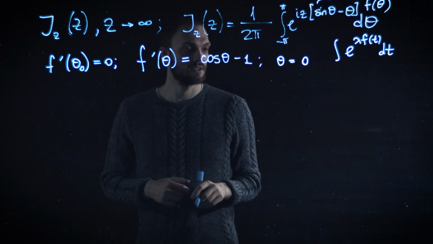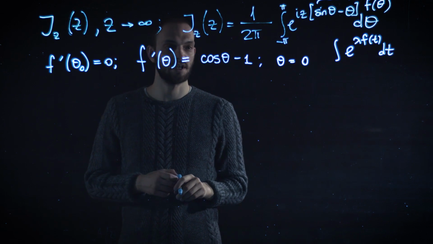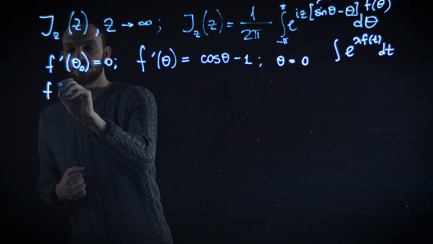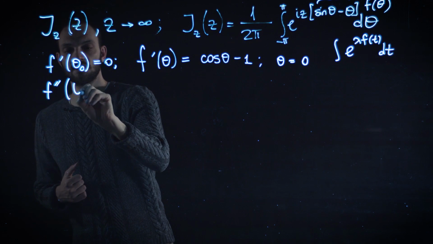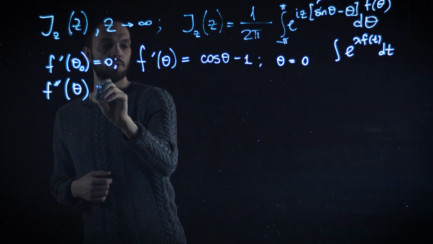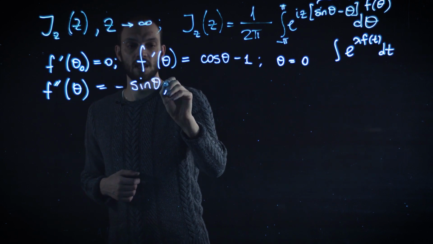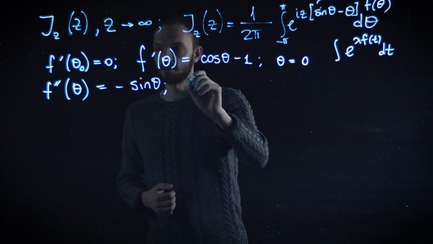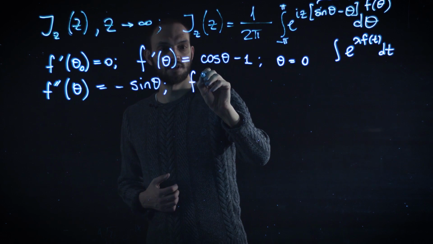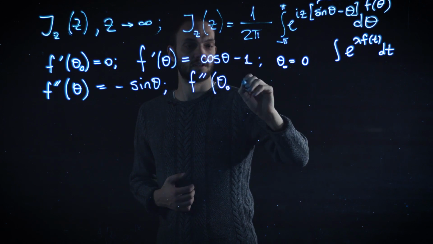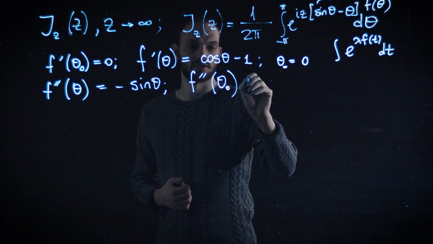Okay, now as soon as we have identified the stationary point, let us calculate the curvature of the f function at this point. So we need to calculate the second derivative, which equals minus sine theta. And here comes the peculiarity of the situation: we immediately find that this second derivative evaluated at the stationary point vanishes.